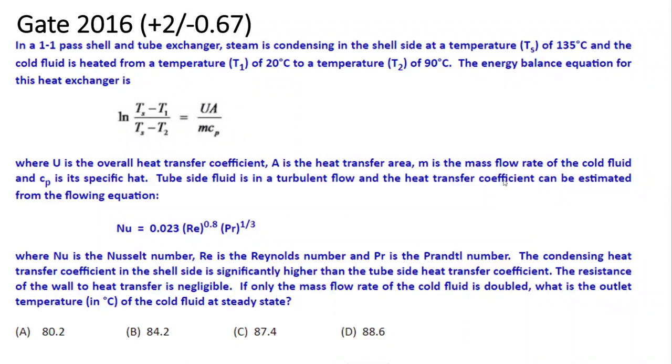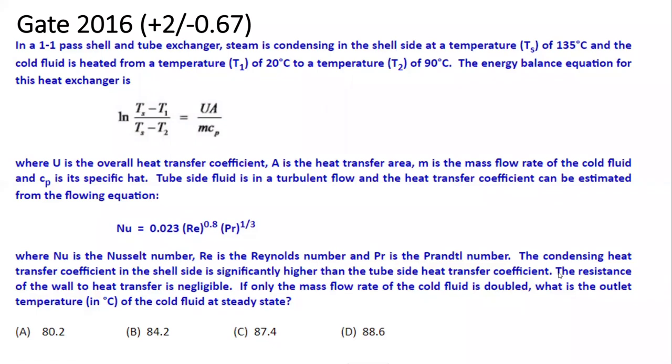The energy balance equation for this heat exchanger has been given to you, where U is the overall heat transfer coefficient, A is the area, mass flow rate of the cold fluid, Cp is given, tube side fluid is turbulent, and heat transfer coefficient can be estimated from this equation.